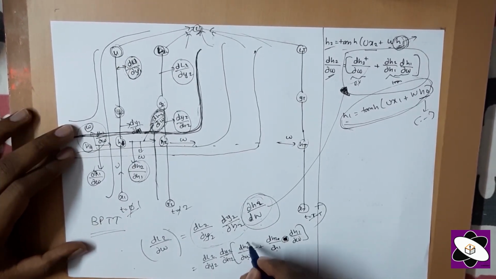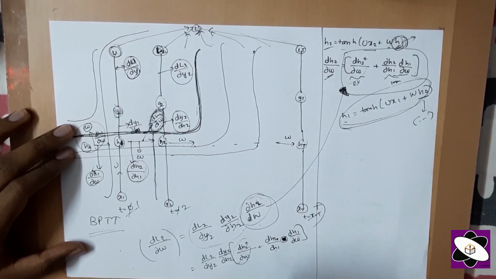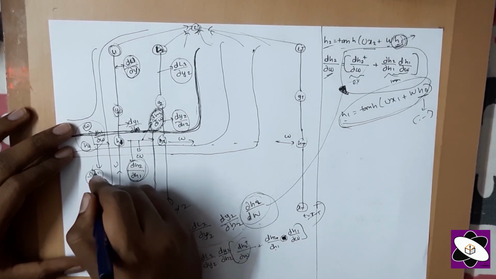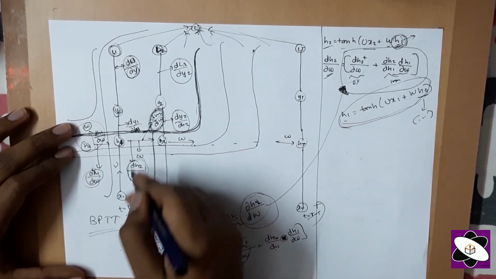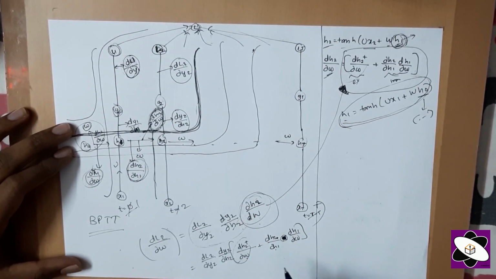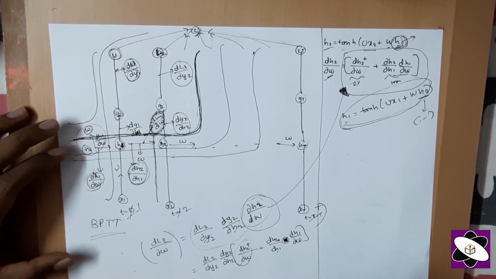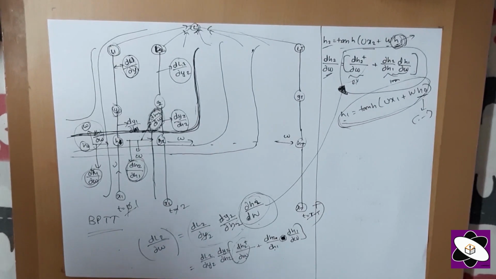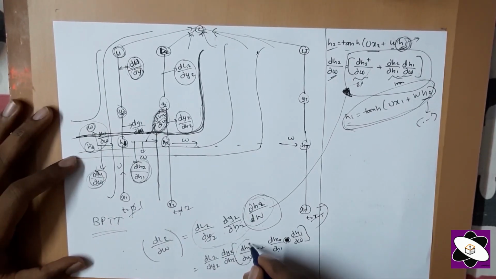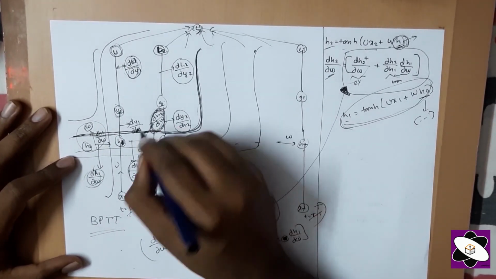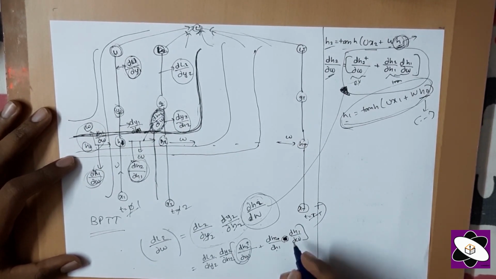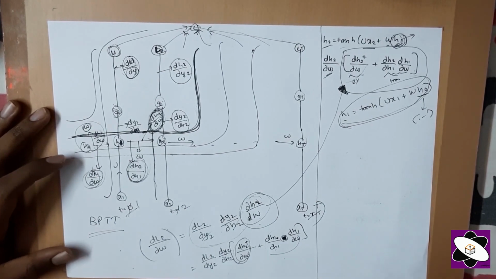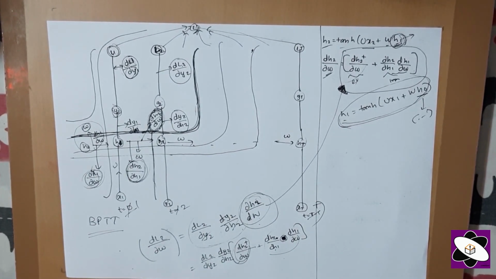This dh2 by dW is explicit, treating h1 as constant, and dh2 by dh1 into dh1 by dW is implicit, treating h1 as an argument, not as a constant.